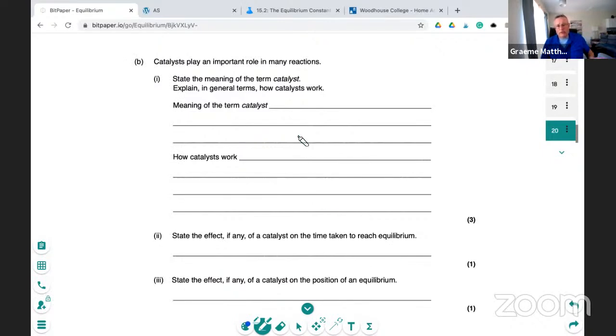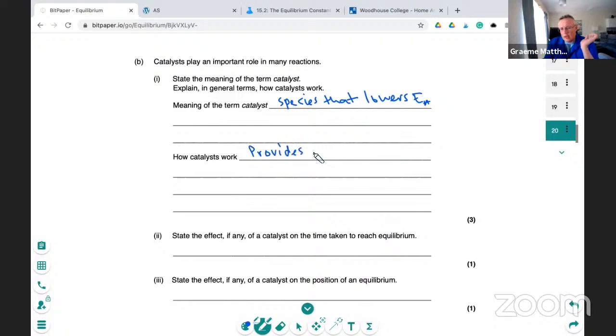Catalyst. It says, well, what's the meaning of the term catalyst? Well, it's going to be a species, a substance that lowers the activation energy. All right. How does it work? There's a lesson I do on catalysts.